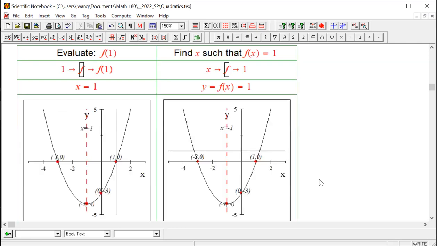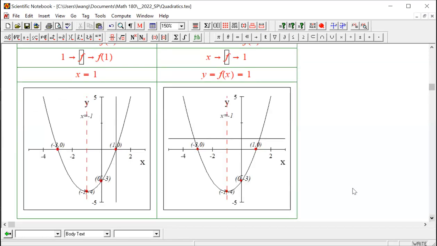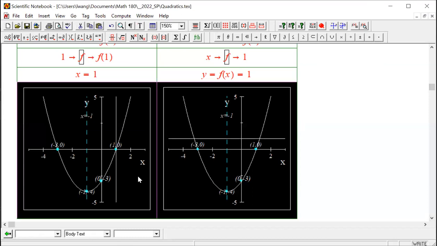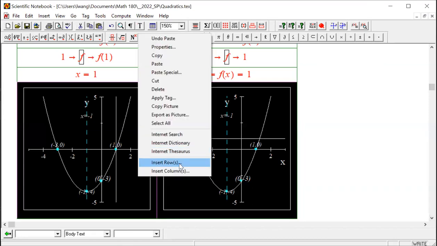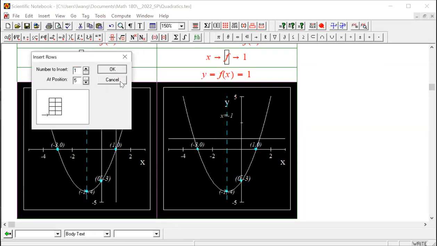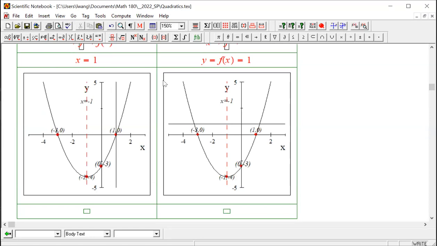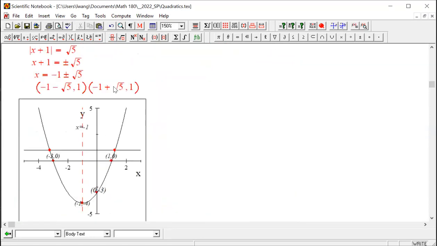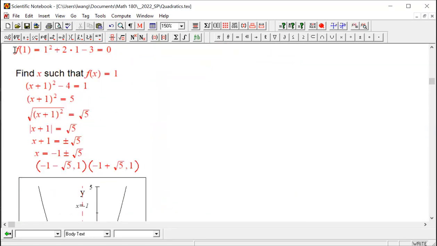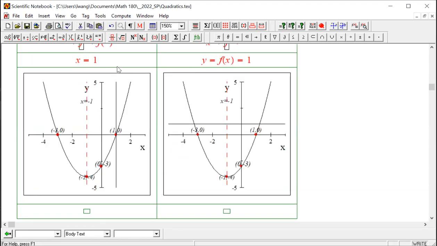Okay, so the answer. Since we're going to complete this, we talk about the geometric meaning, and we got that f of 1 equals 0. So we talk about the setup: f of 1 is 0.